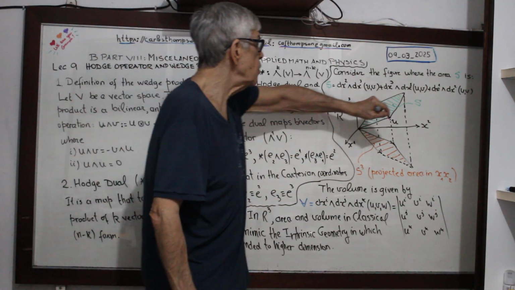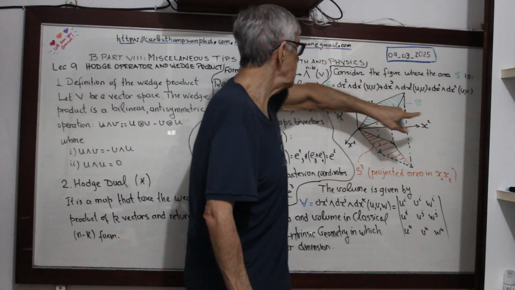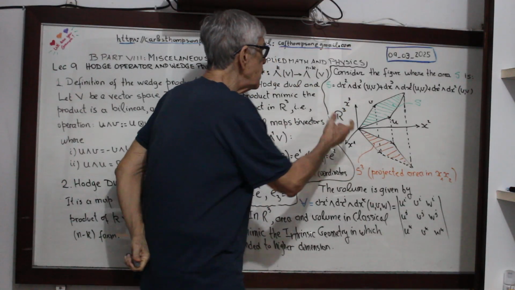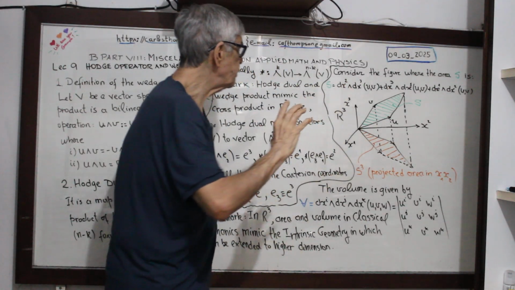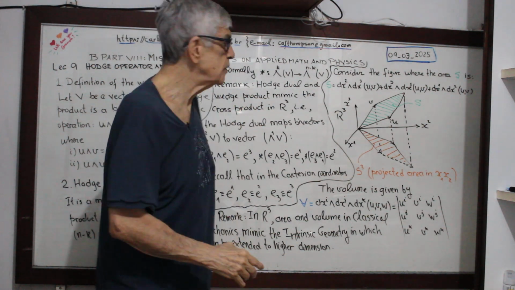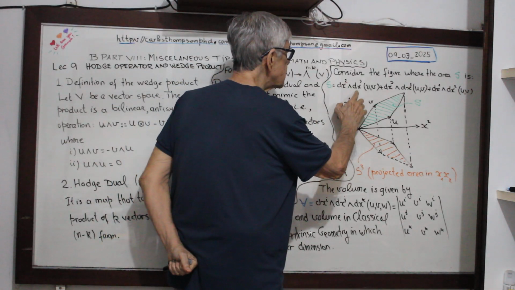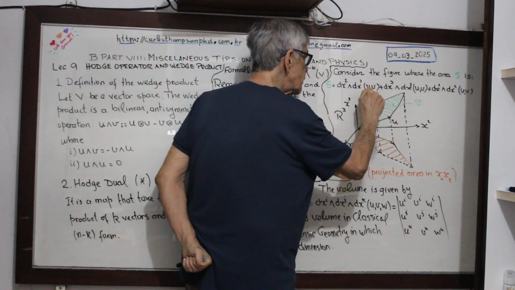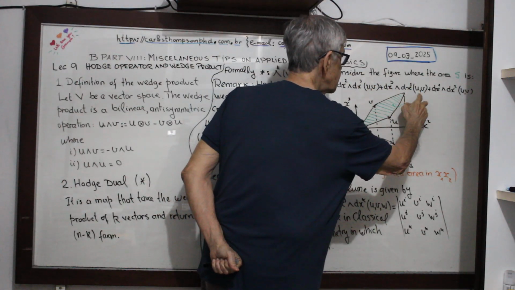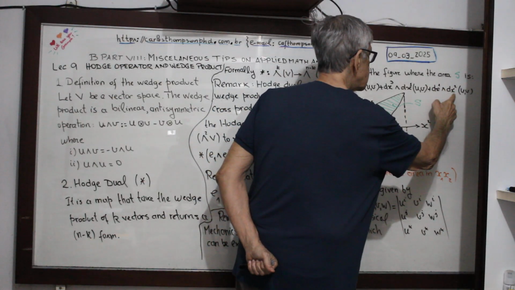Consider the figure where the green S is the area, and S is given by these terms, which mimic the cross product. That's for you to understand. So this is dx2 wedge dx3. Now apply to u, v. Then dx3 wedge dx1, applied to u, v, and this is dx1 wedge dx2.